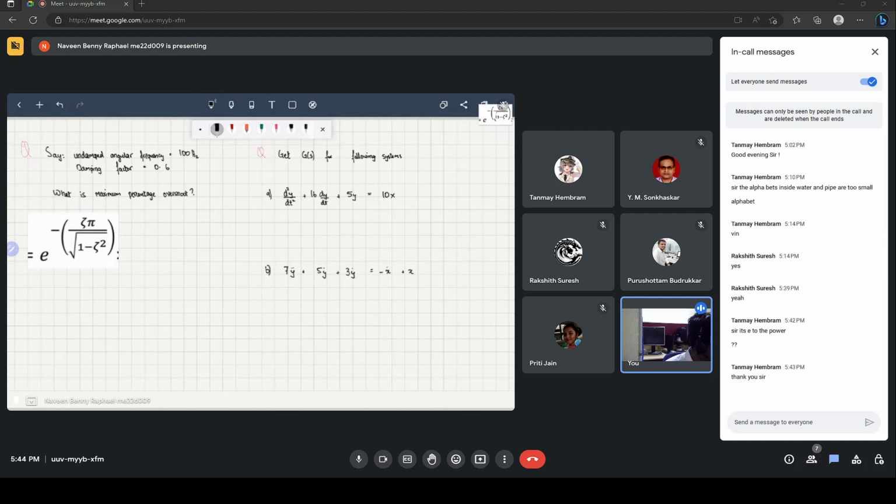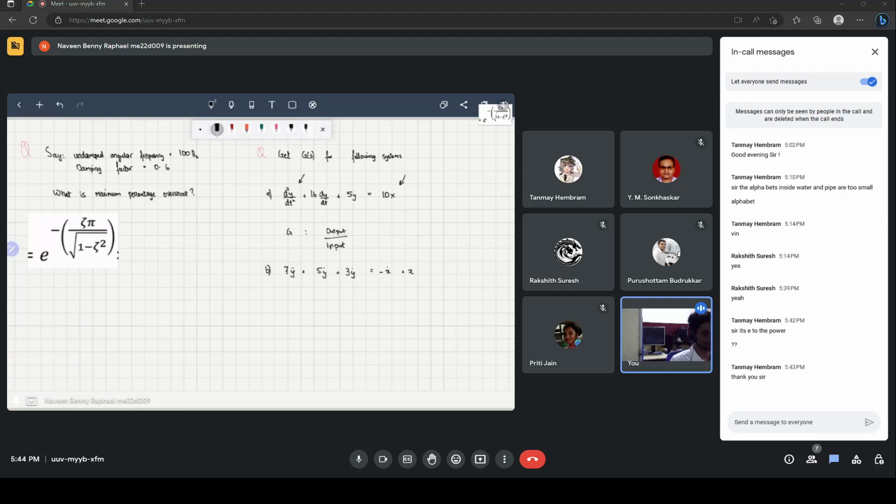Okay, looking at Sir's slide, I have used a slightly different convention. I'm using y as the output and x as the input. The transfer function is always defined as G is output by input. In the slides, Sir has written x to be the output and y to be the input.